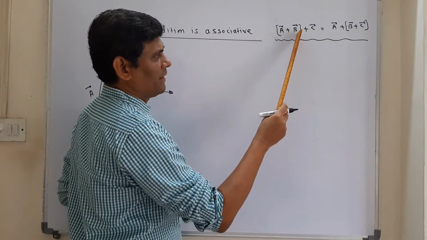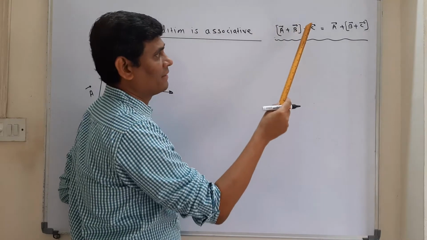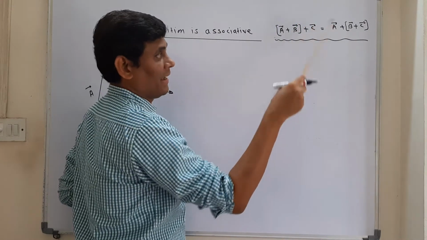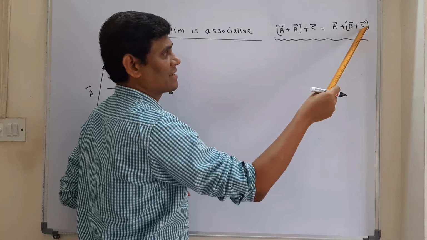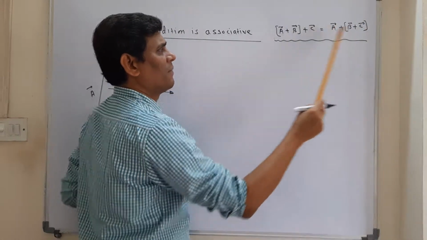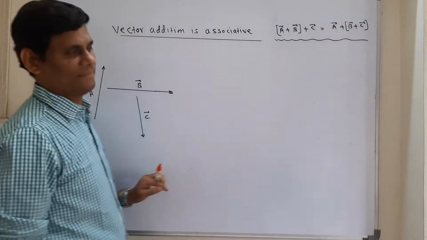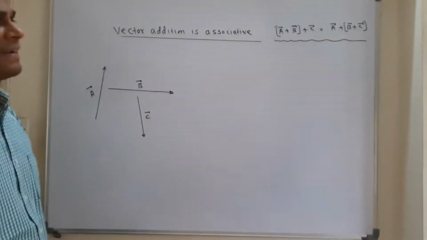Vector A plus B, first we are adding, then we are adding vector C, and in the other case first we are adding vector B plus C, and this resultant we are adding with vector A. Both give the same resultant. This we call the associative property of vector addition.